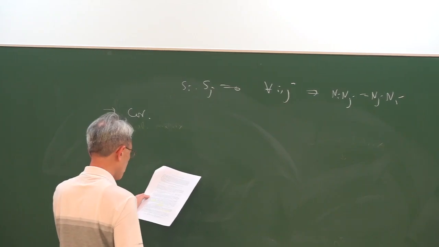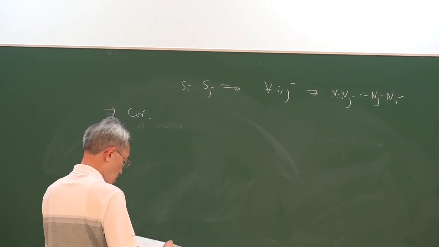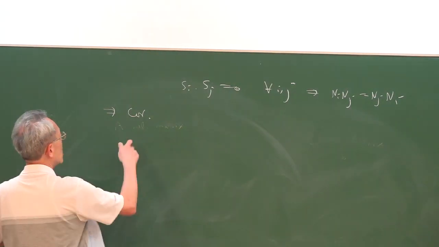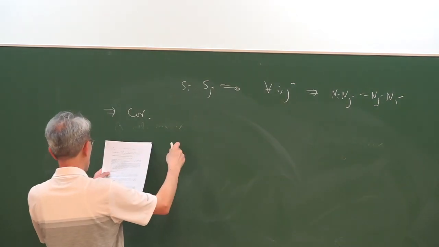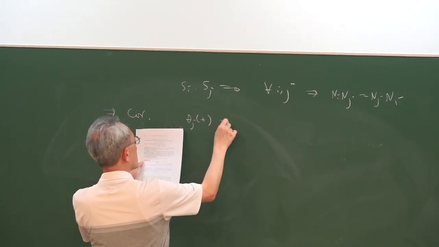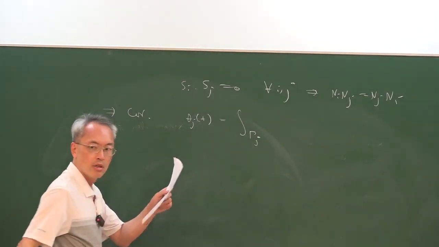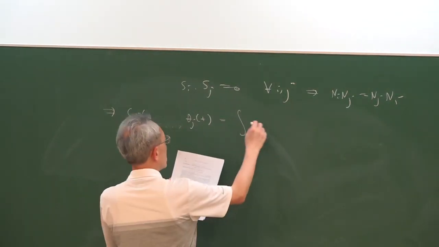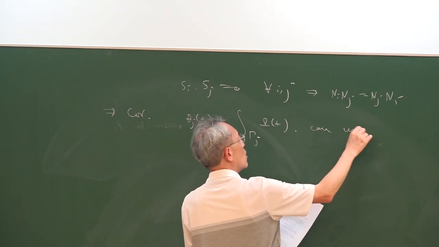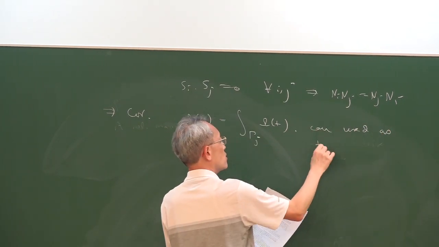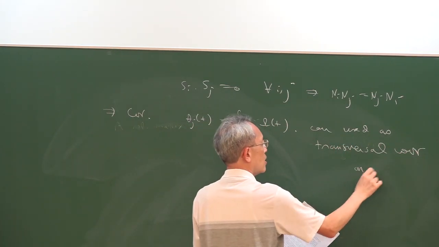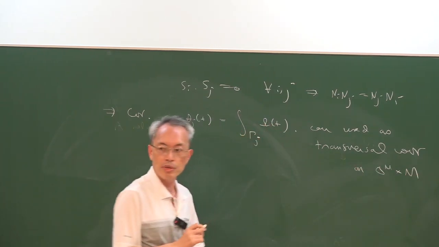The key point is you want to know this theta j of t, which is defined to be the period integral of your A cycle, of your vanishing cycle, that omega t can be used as a transversal coordinate on the moduli space.